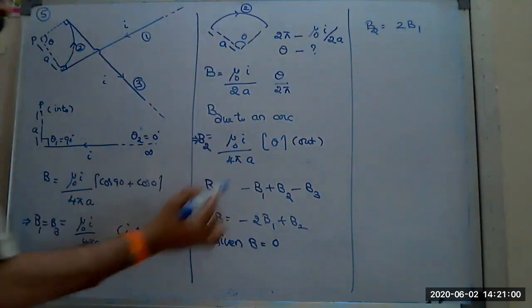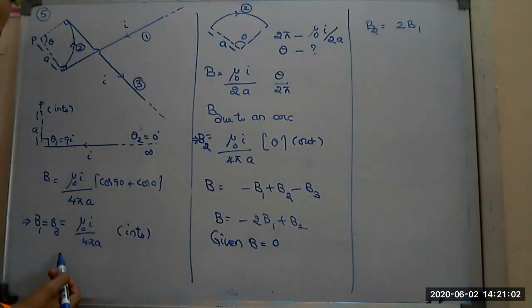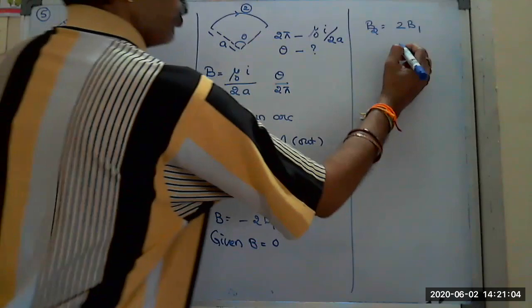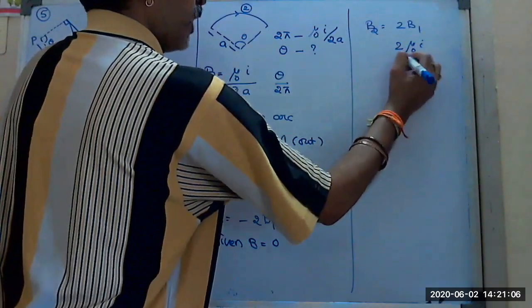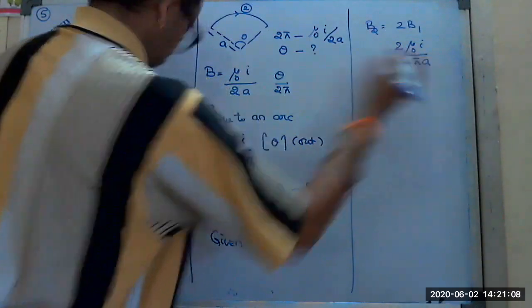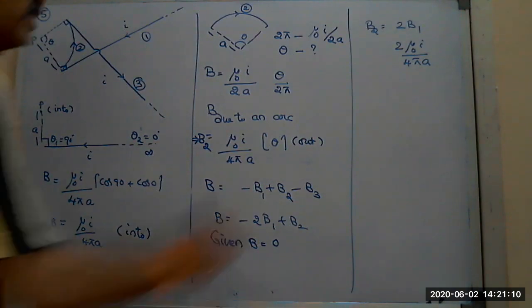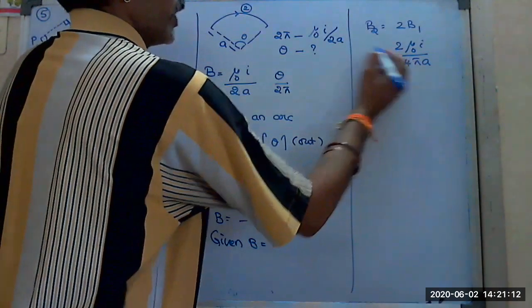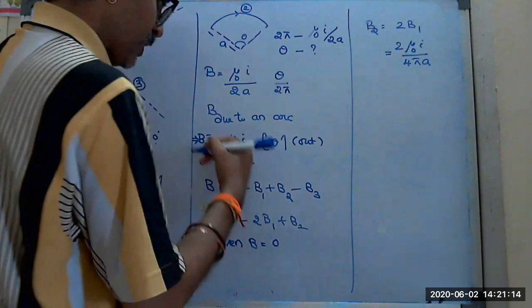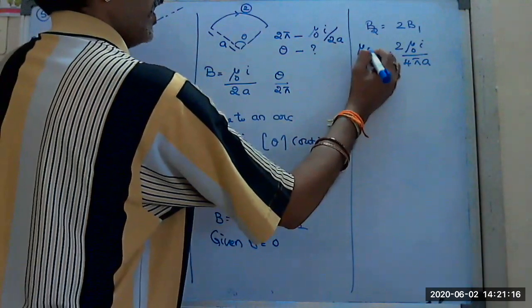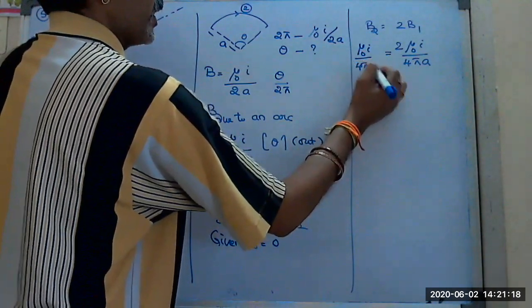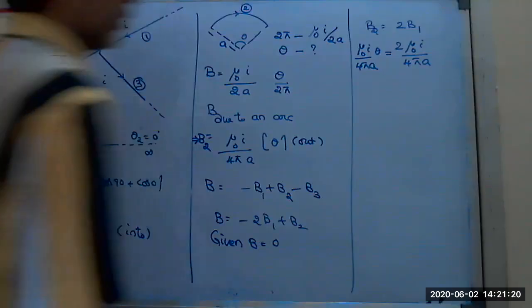Look at the B2 value and 2B1 value: 2 times B1, which is mu naught I by 4 pi A, equals B2, which is mu naught I by 4 pi A into theta.